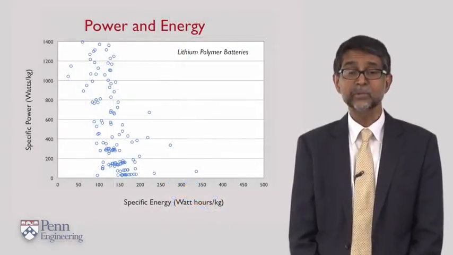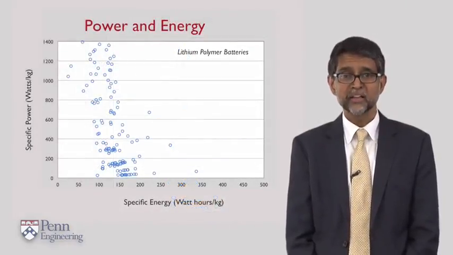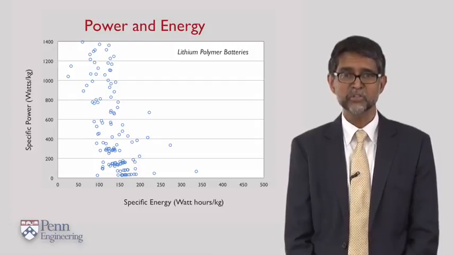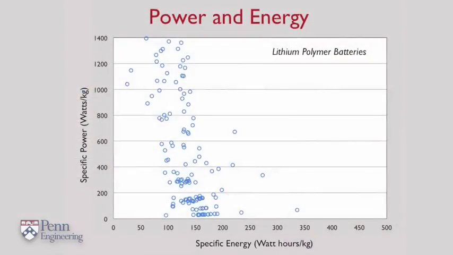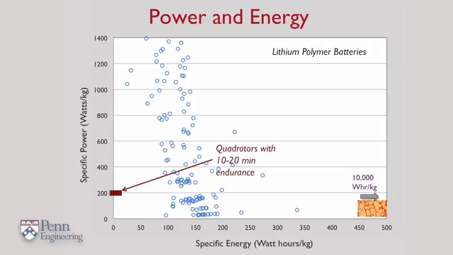To contrast that with how humans perform, if you look at a piece of adipose tissue or fat, that carries about 10,000 watt-hours per kilo. This is several orders of magnitude more energy than is carried by batteries. If you look at the power consumption, robots consume about 200 watts per kilo to hover.